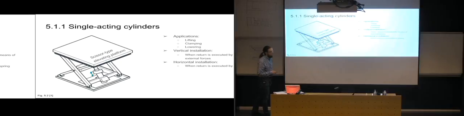And almost always when they are horizontally installed, you have this spring system in them, so that you use mechanical force through a spring to return the piston back to its starting position.